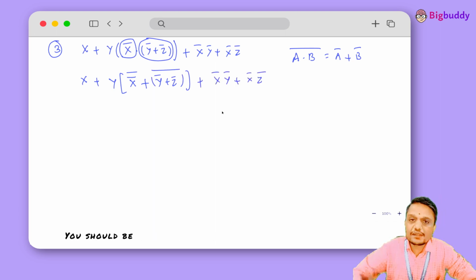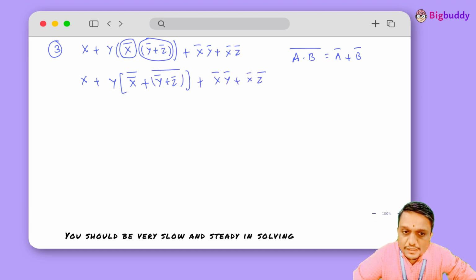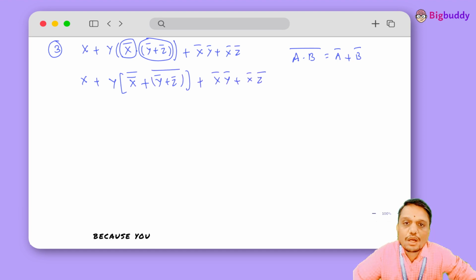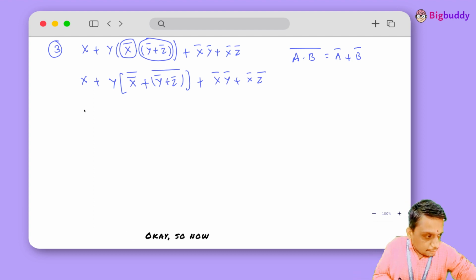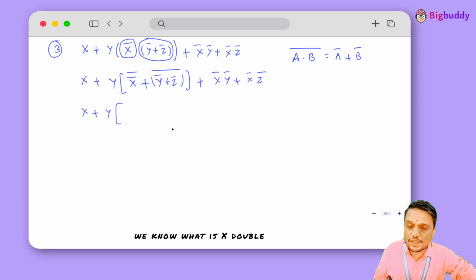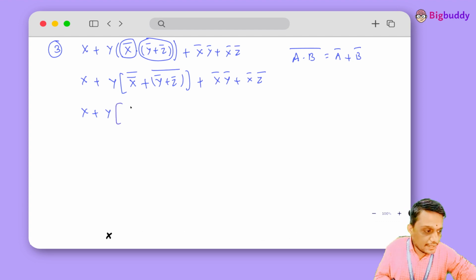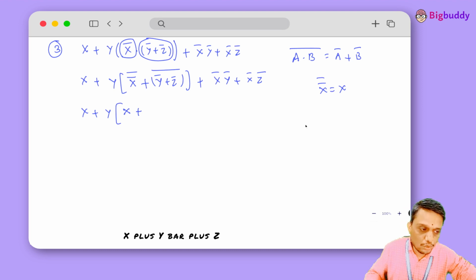So you should be very slow and steady in solving these things because you can go wrong at any point of time. Okay. So now x plus y into, we know what is x double bar. Double inversion rule, x double bar is x only, plus y bar plus z bar whole bar.